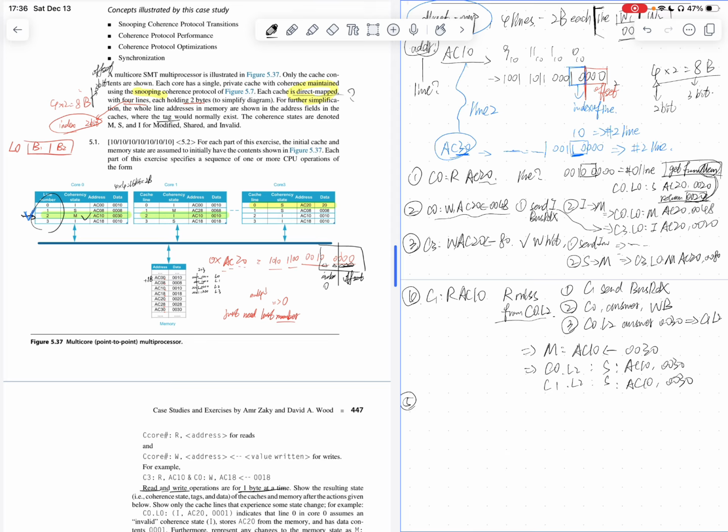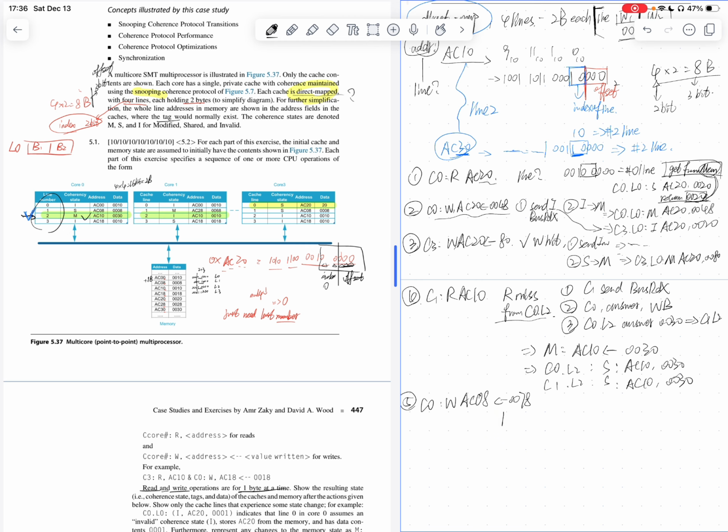And 5, it will be C0 wants to write something into AC08. The value is 78. Actually, it's 0078. So let's see. Did we have AC08 in C0? Yes.